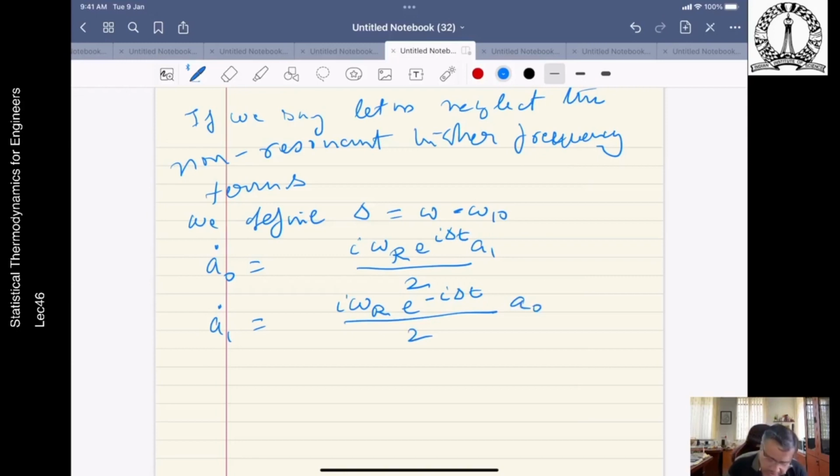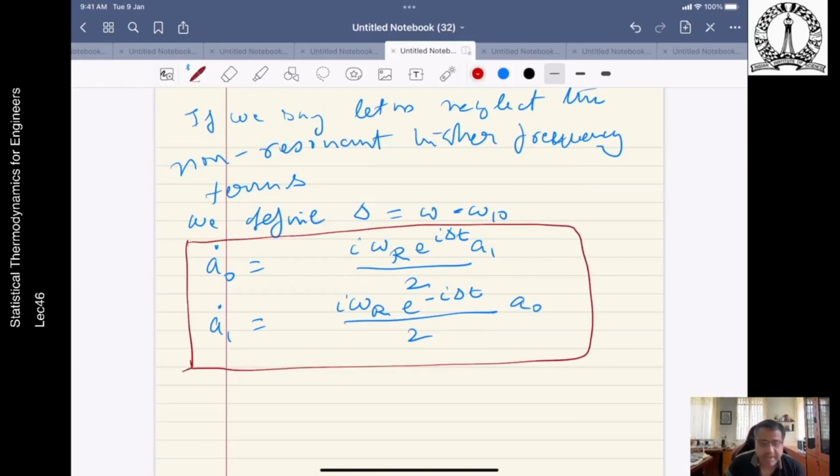These two equations can be solved analytically. The difference delta is called the detuning frequency, since it measures how far the electromagnetic radiation of angular frequency omega is tuned away from the resonant frequency.